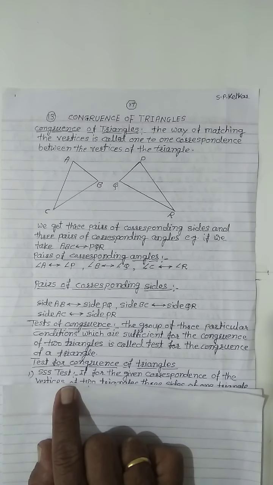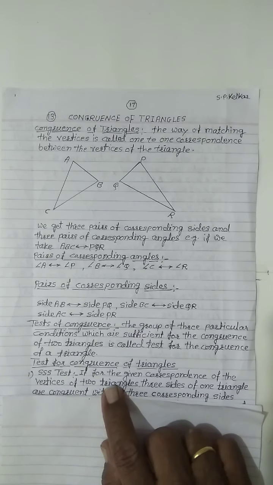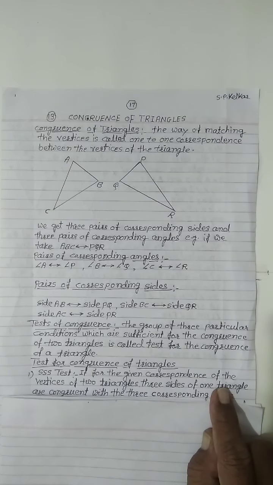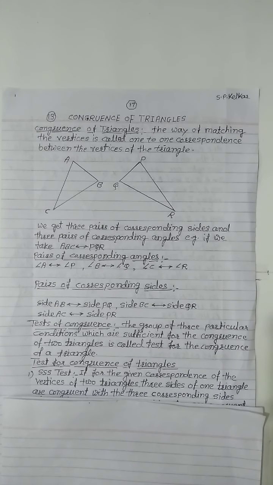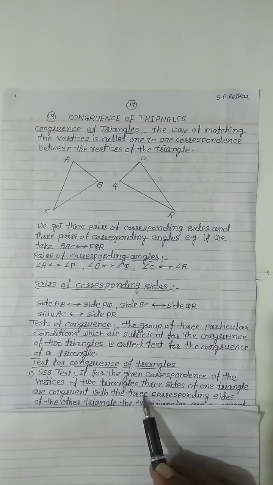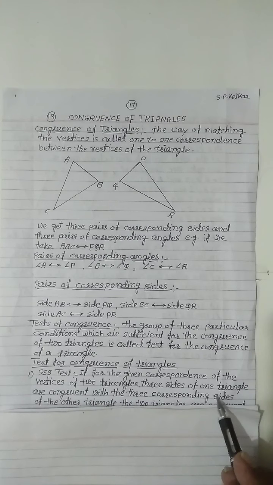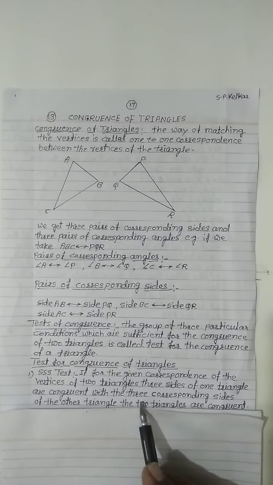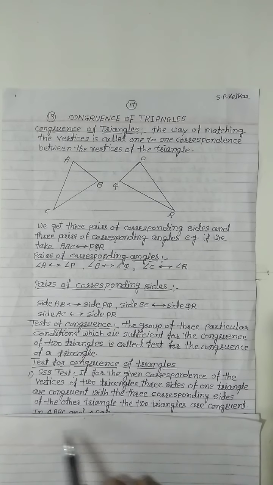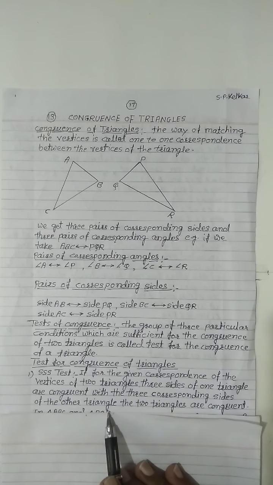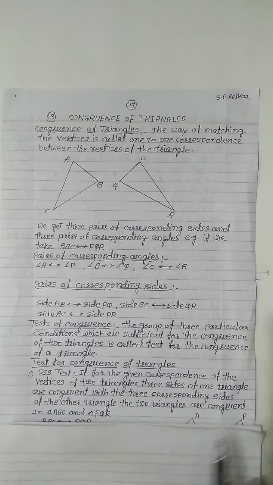Now in this test, if for the given correspondence of the vertices of two triangles, the three sides of one triangle are congruent with the three corresponding sides of the other triangle, then the two triangles are congruent.